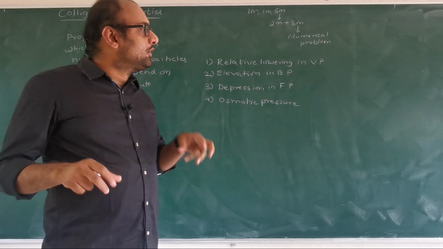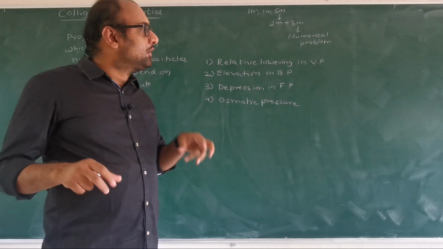What is NB? Number of moles of solute. You know that NB is given by WB, mass of solute, divided by MB, molar mass of solute. Similarly, NA is given by mass of solvent divided by molar mass of solvent.